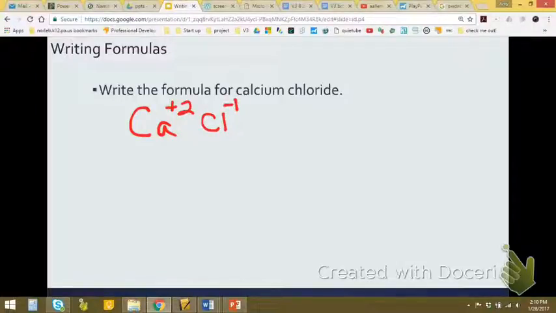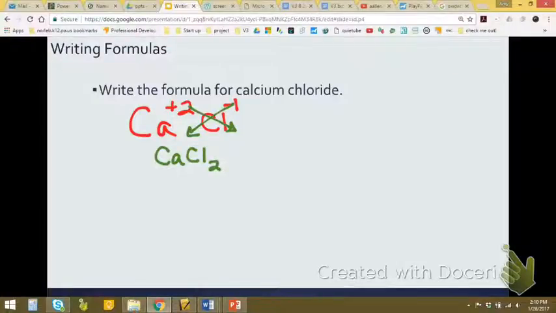To write the final formula, you crisscross these charges. So the final formula becomes Ca, since the charge is -1 that we're crossing down to become this subscript, we don't write it. If there's only one of that atom, then we don't write a 1. Chlorine becomes Cl2.